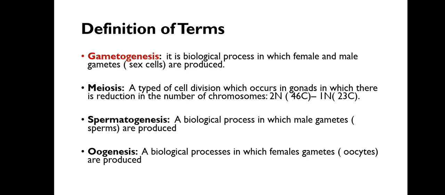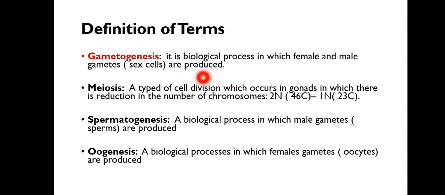What we're talking about today are the very sex cells, the female sex cell and the male sex cell. Now, meiosis is a type of cell division which occurs in gonads, in which there is reduction of the number of chromosomes from 2N or 46 chromosomes to 1N or 23 chromosomes.